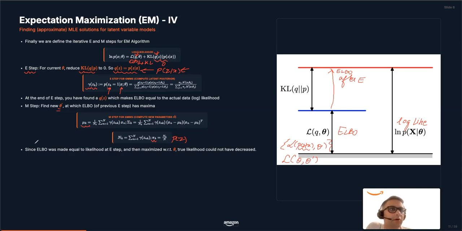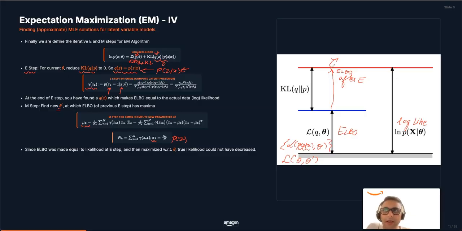Now it can also be shown, and it's basically obvious from this figure, that at the end of each E step the ELBO was made the same as the current log likelihood. And at the M step we always do a maximization. So during that M step it is not possible for the log likelihood to decrease.